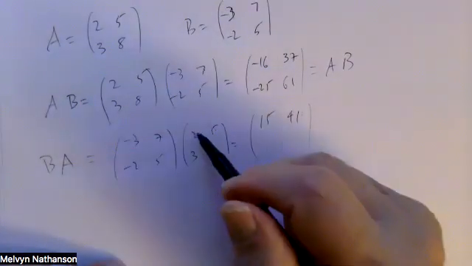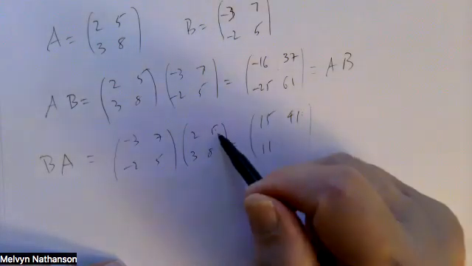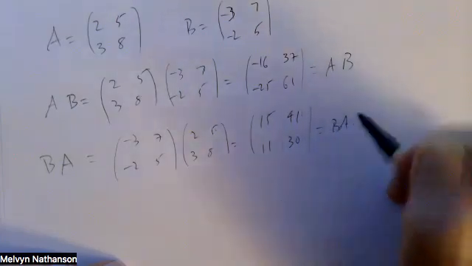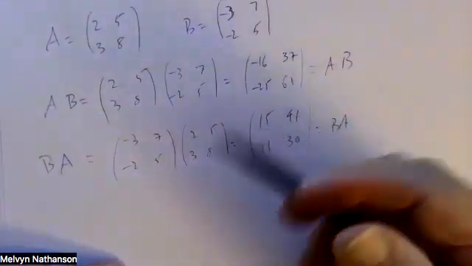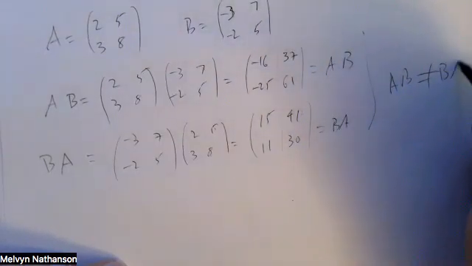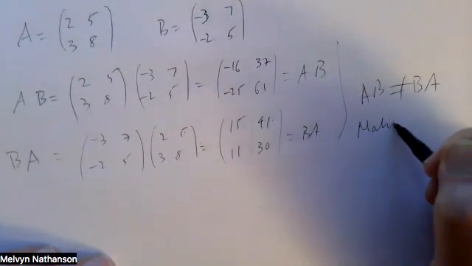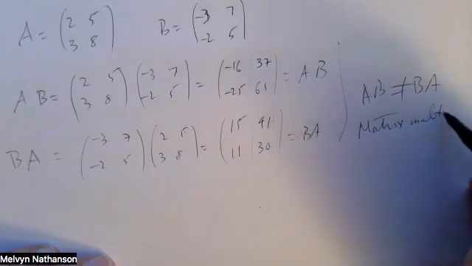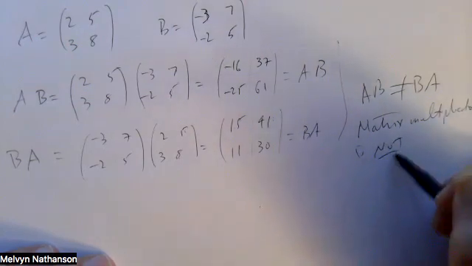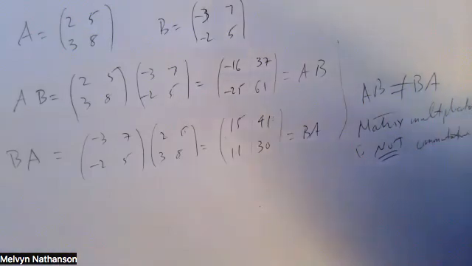Second row, first column, minus 4 plus 15 is 11. Second row, second column, minus 10 plus 40 is 30. So this is BA, and you notice they're completely different matrices. AB is not equal to BA. This just emphasizes the fact that matrix multiplication, even for 2 by 2 matrices, is not commutative.